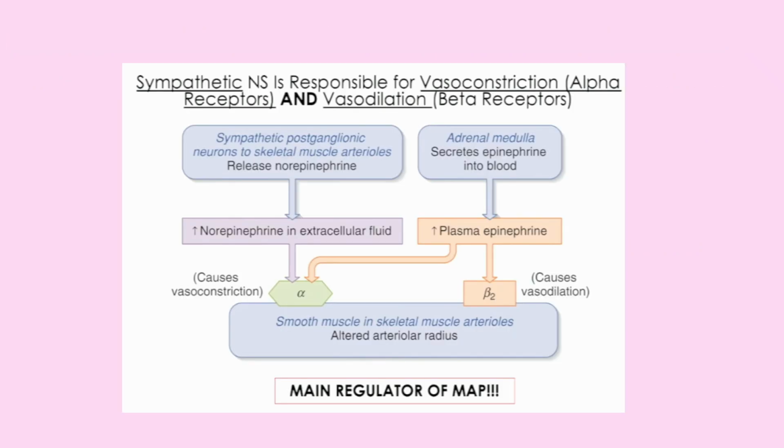So I took this from the videos when I took the course, and it kind of goes over what we just talked about. So you see the release of norepinephrine from the sympathetic postganglionic neurons, which causes vasoconstriction in alpha adrenergic neurons, and then epinephrine from the medulla, causing both dilation and constriction, depending on the tissue that it's binding to the receptor in.